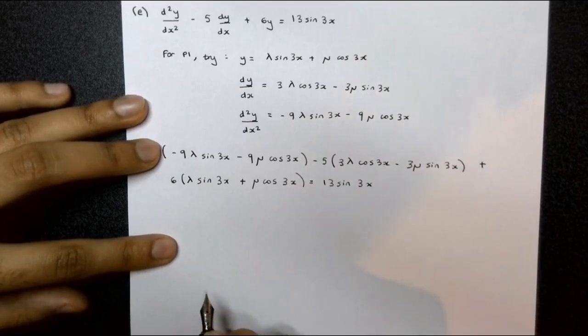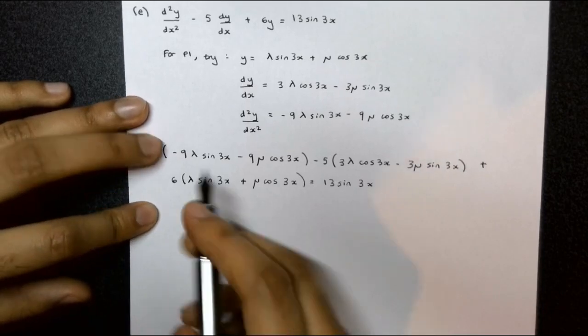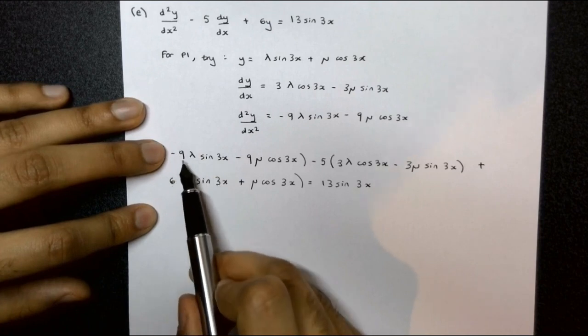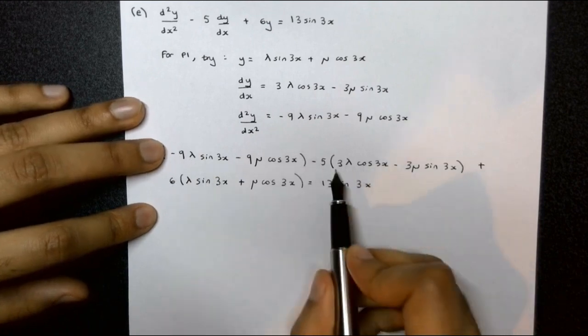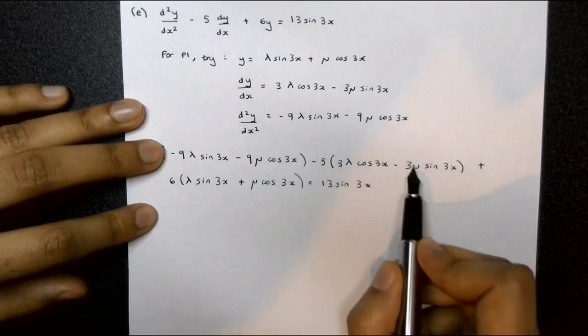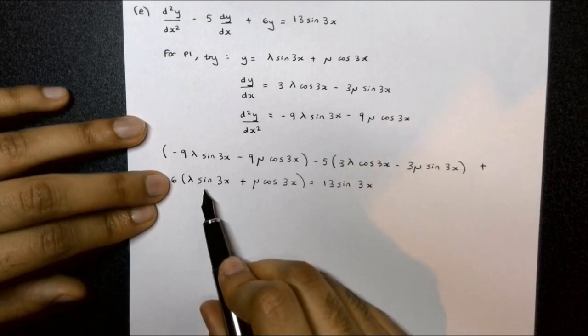So now if we gather everything involving a sine x, well, we've got minus 9 lambda minus 15 plus 15 mu, and then we've got 6 lambda as well.